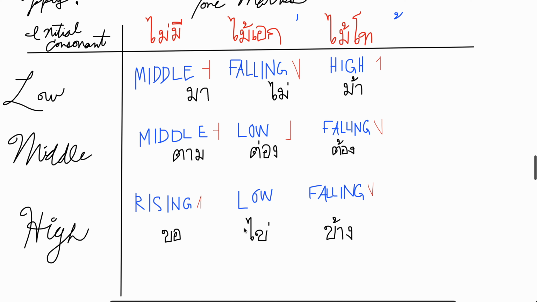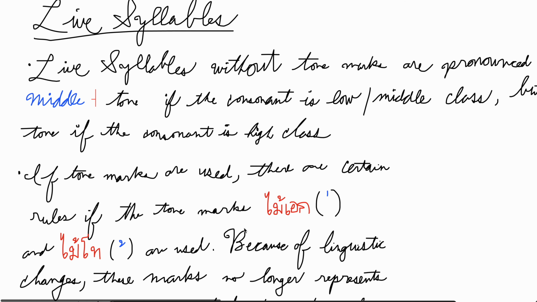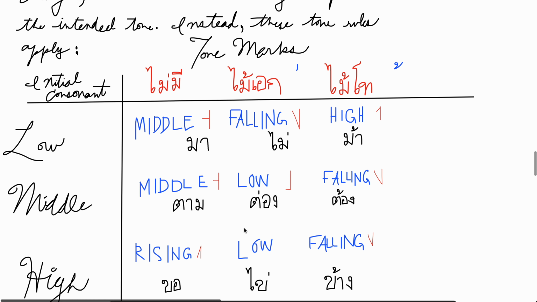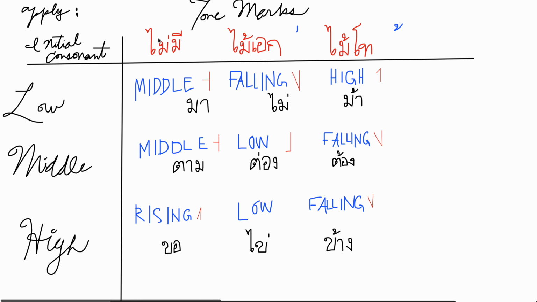As we said earlier, if there are no tone marks and it's a low or middle consonant, it's middle tone for both of these scenarios. And if there's a high initial consonant, then it's rising. Mai ek and mai tho are different. This is what you got to remember. If it's low and it has that little marking on top, it's falling. Like this, for example.